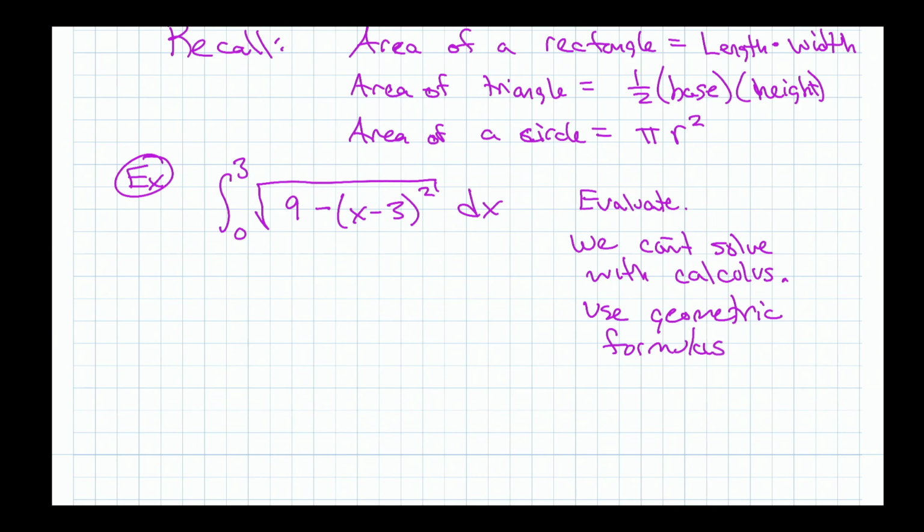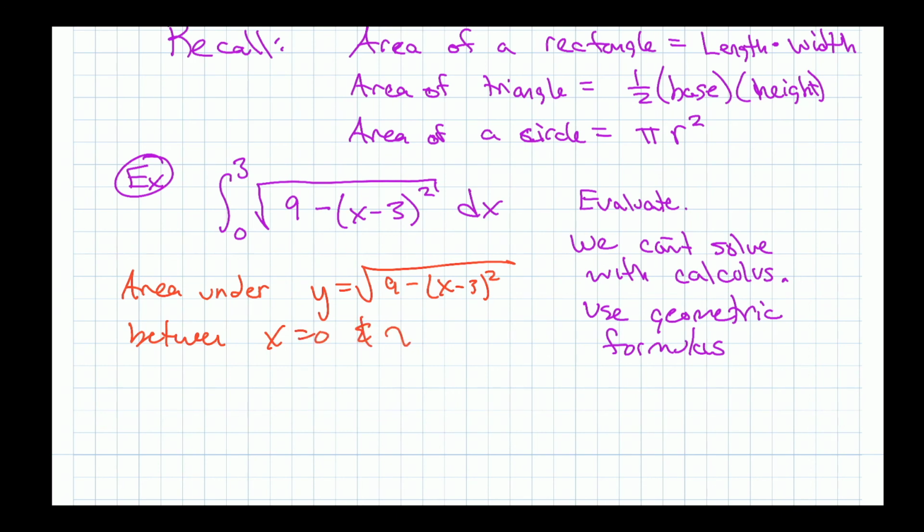How are you going to do that? Well, let's look at the curve. They're asking you to find the area under y equals square root of 9 minus x minus 3 squared, between x equals 0 and x equals 3. That's what you're being asked to find. Now, what you may or may not recognize is that that curve, y equals square root of 9 minus parentheses x minus 3 squared, is the equation of a circle.